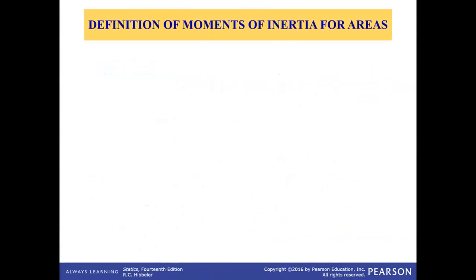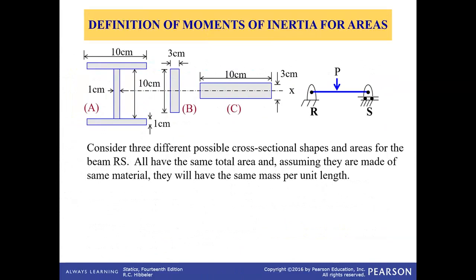Here is one more example. Consider this beam RS where the load P is applied. For the cross section of this beam, we have three different options: A, B, and C. They all have the same area, but considering the direction of the load, the I section has the highest resistance to bending because the majority of the area is away from the center line.